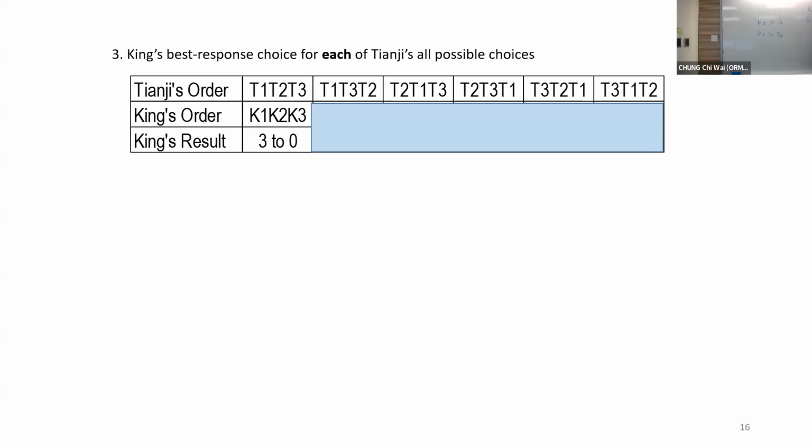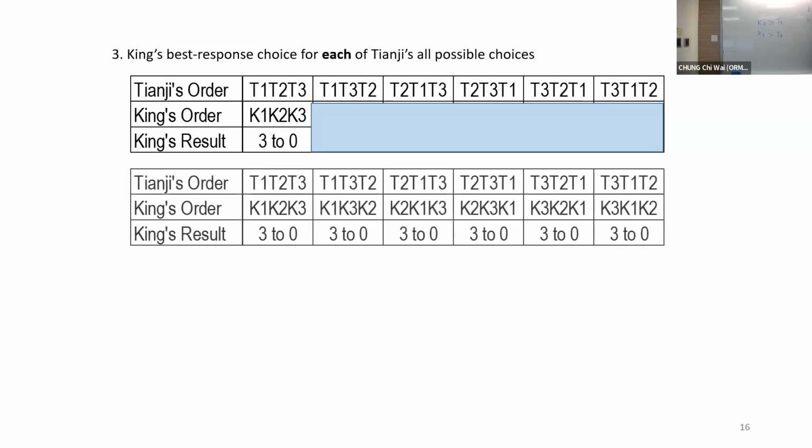But the king with K3 gets 0. How about if Tianji's order is P1, P3, P2? That's one. With the king's K1, K3, K2, the same order. Alright?